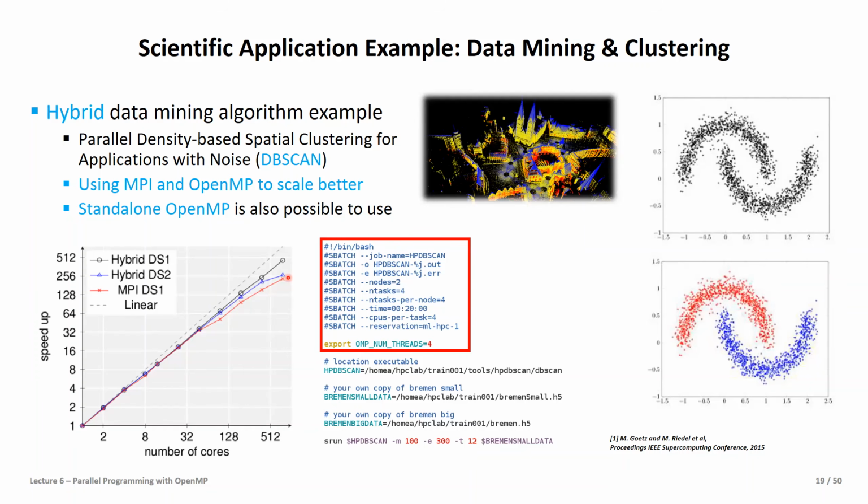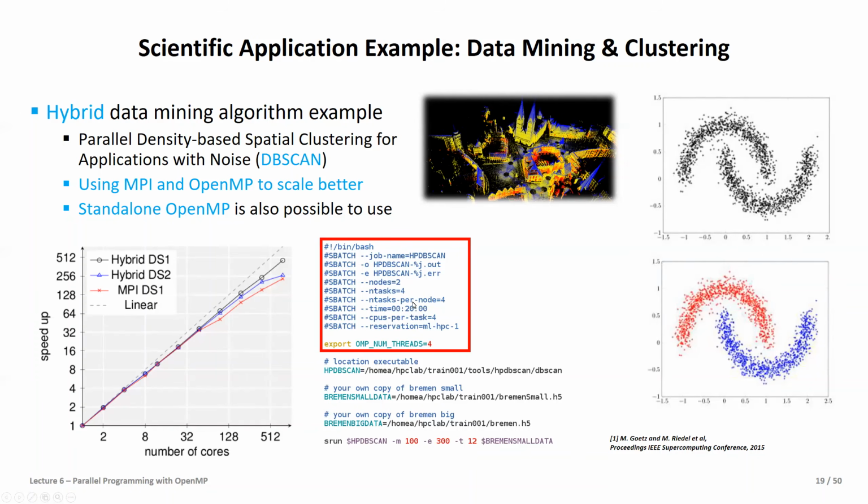With hybrid, you are usually better off. DS1 and DS2 are 2 different data sets we're talking about. With a hybrid approach you are usually a little bit better, although there is some tail-off. But for some data sets it really gets better. Obviously, it depends on how the data sets are distributed and so forth.